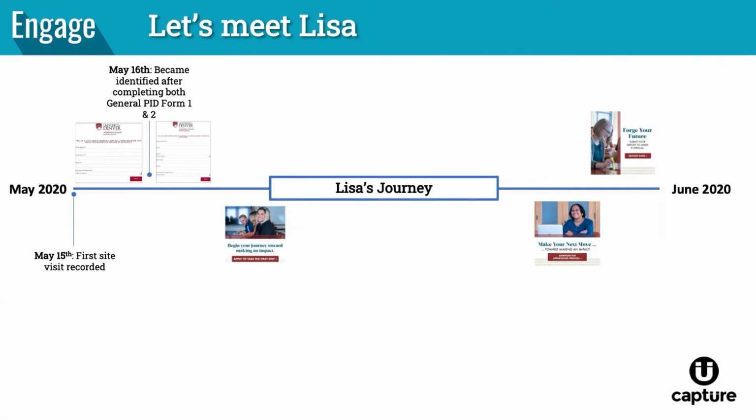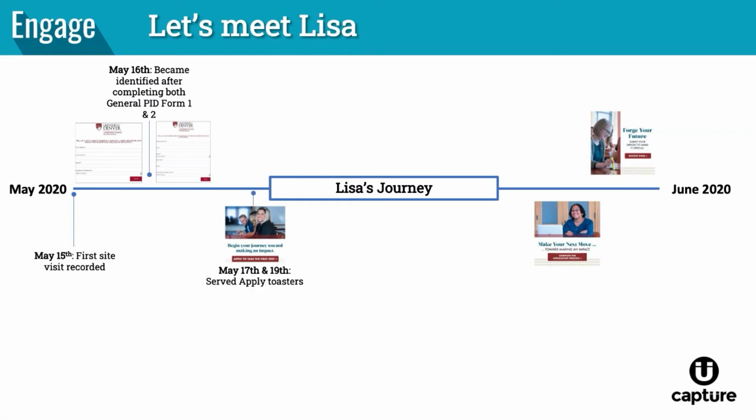May 16th, Lisa went ahead and identified herself by completing these progressive identification forms that were served to her. So May 16th, Lisa is identifying interest.